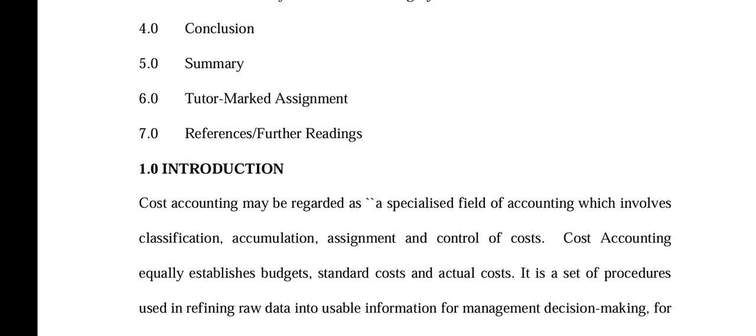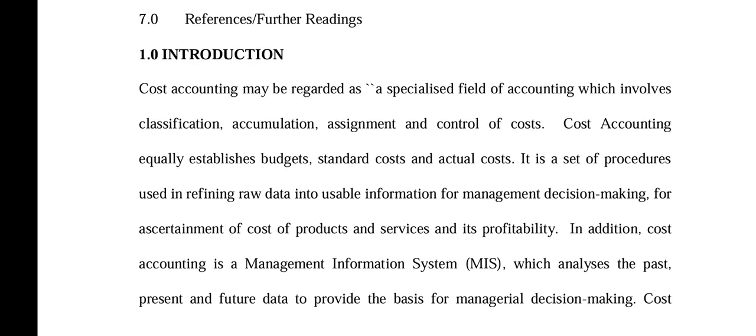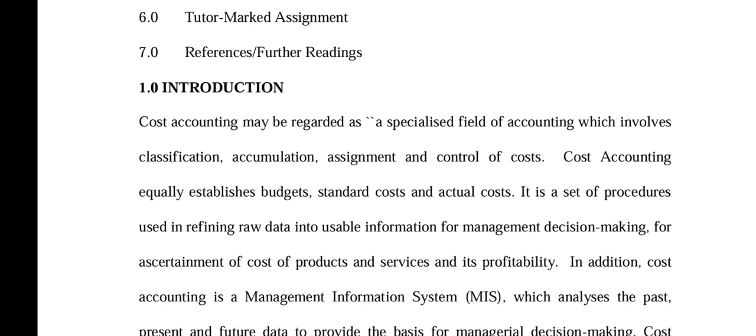So this is just the introduction of the unit. Basically, we are being made to know what cost accounting is all about. Cost accounting may be regarded as a specialized field of accounting which involves classification, accumulation, allocation, and control of costs.